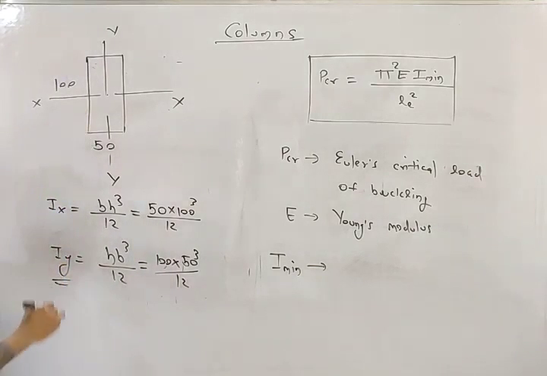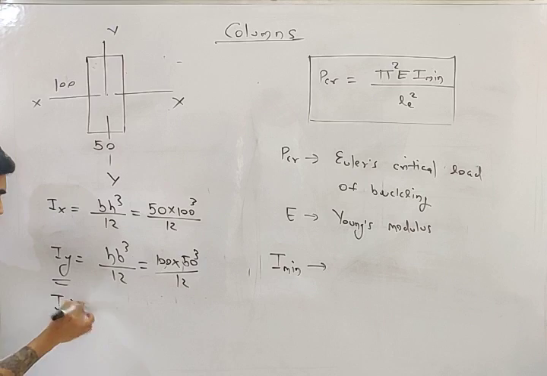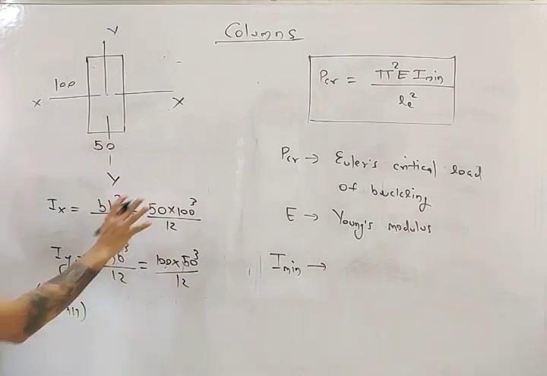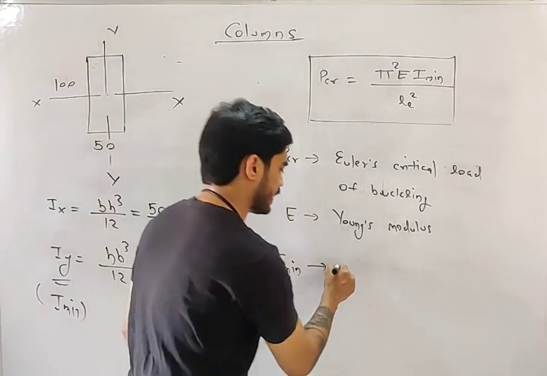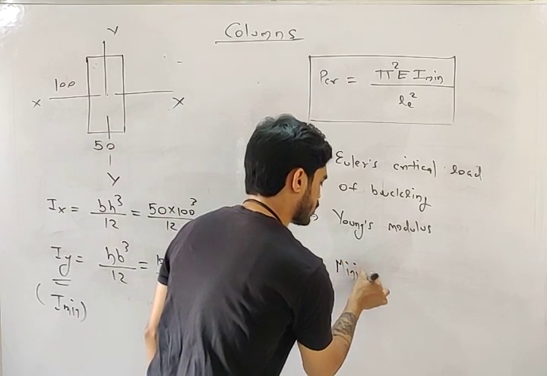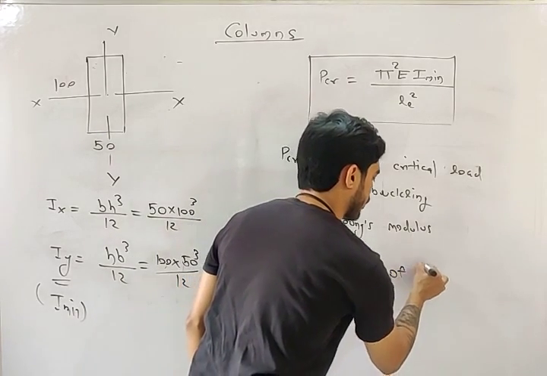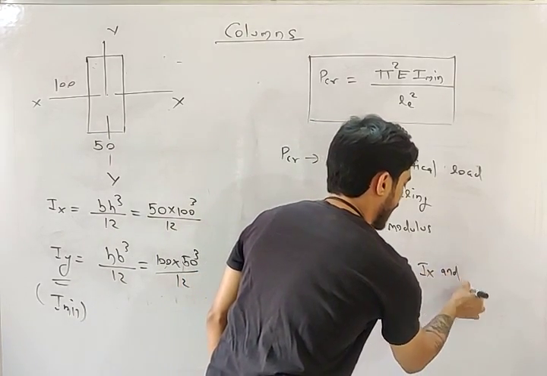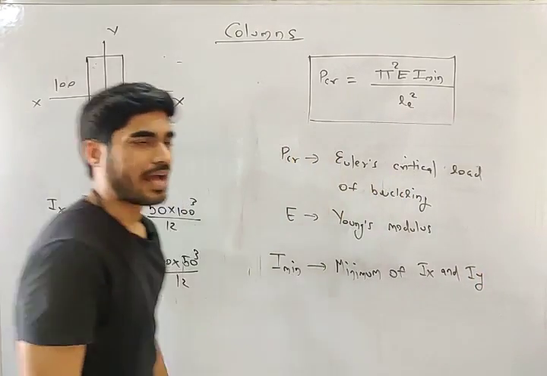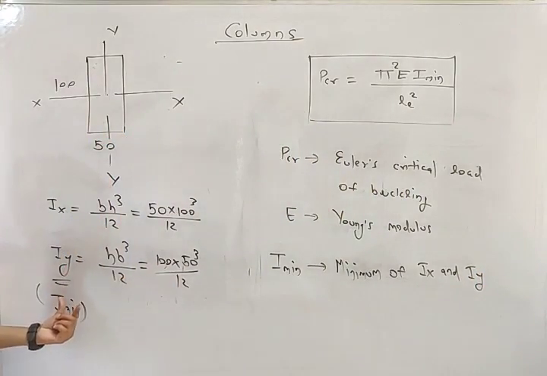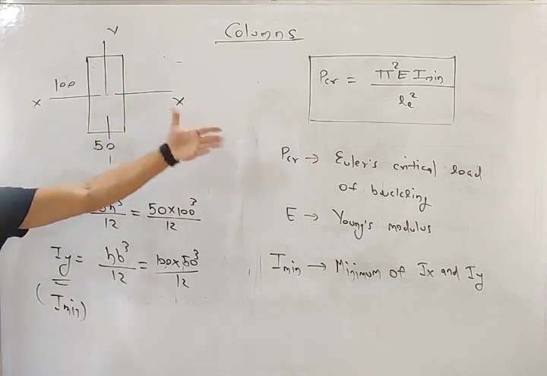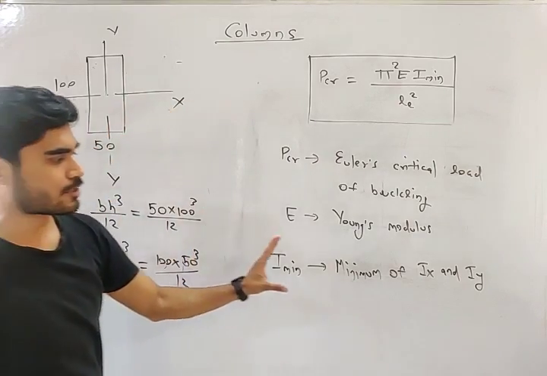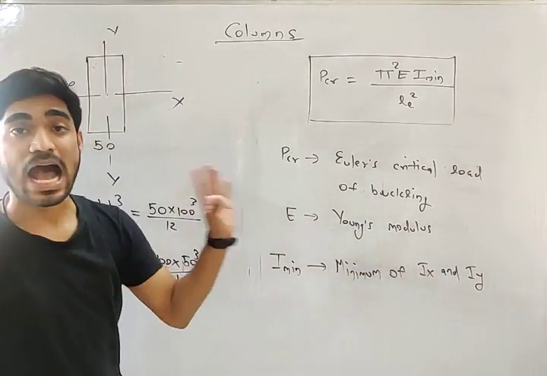So we have to put I minimum, which in most cross sections is the minimum of Ix and Iy. For this example, Iy is minimum. In some cases, Ix might be minimum. So I minimum is the minimum of Ix and Iy.